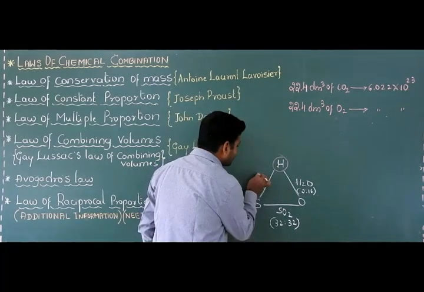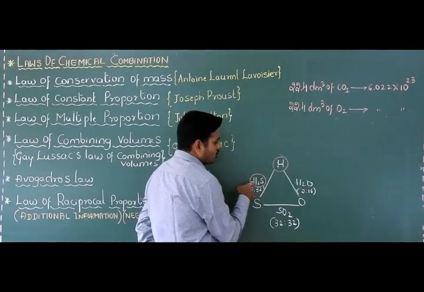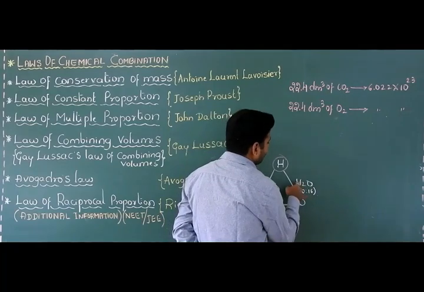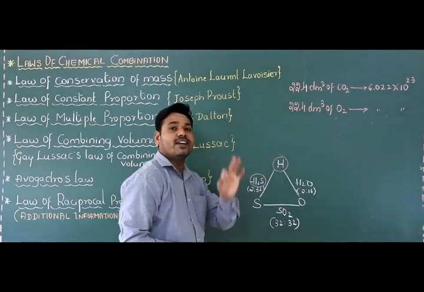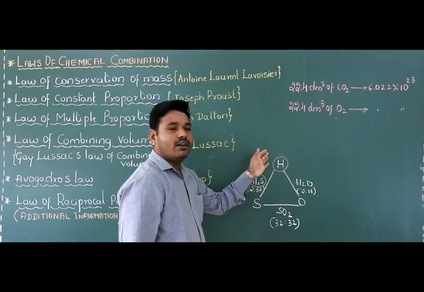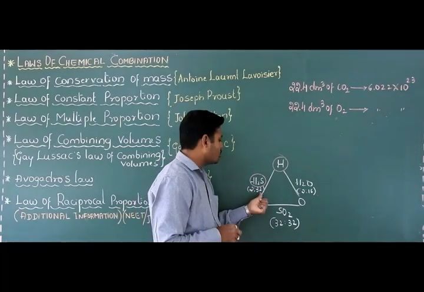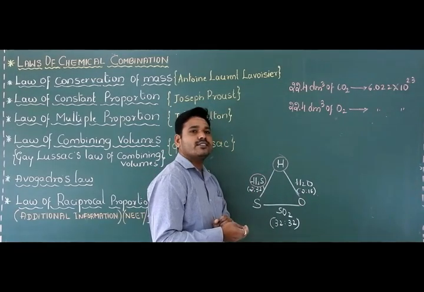Here it forms H2S. In this H2S, the mass of hydrogen is 2, and in this water molecule, the mass of hydrogen is 2. That means a fixed mass of the third element. And here the simple whole number ratio is 2:32, and here it is 2:16.